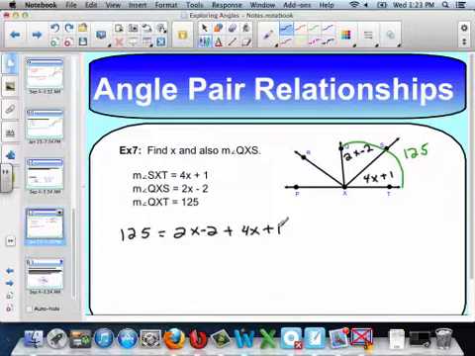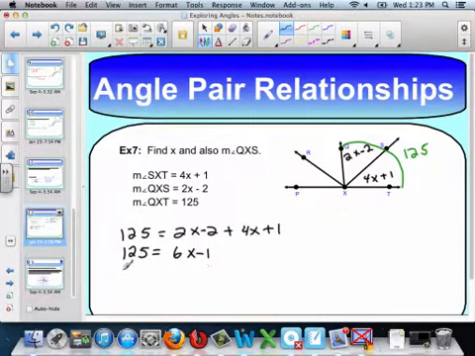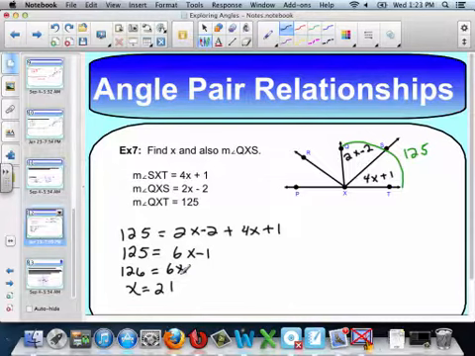Okay, again, algebra 1 should be taking over at this point. 125 equals 6x minus 1. 126 equals 6x. We should get x is 21.